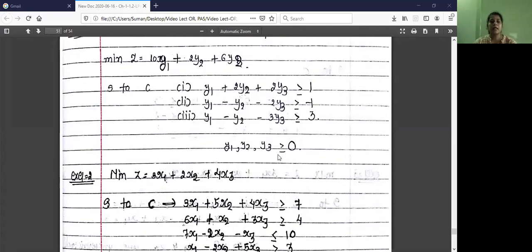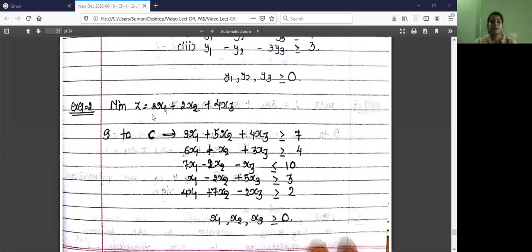Okay, got it? Our second example is: minimize z equals 3x1 plus 2x2 plus 4x3. Our subject to constraints are 3x1 plus 5x2 plus 4x3 greater than equal to 7. The second equation is 6x1 plus x2 plus 3x3 greater than equal to 4.